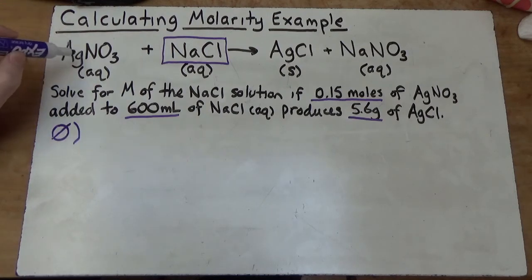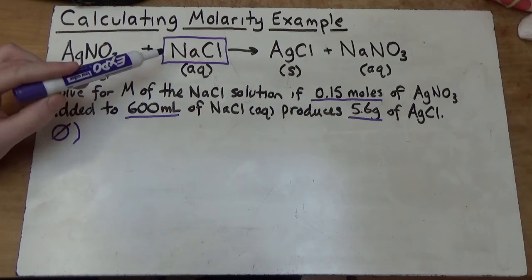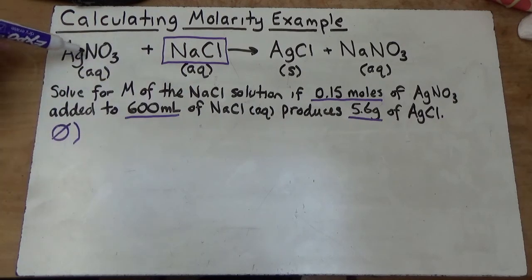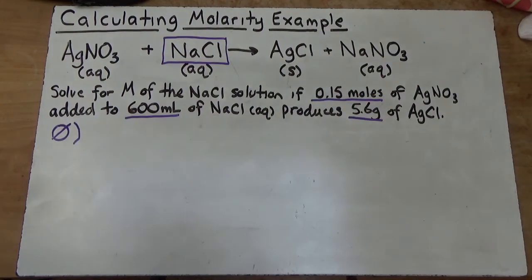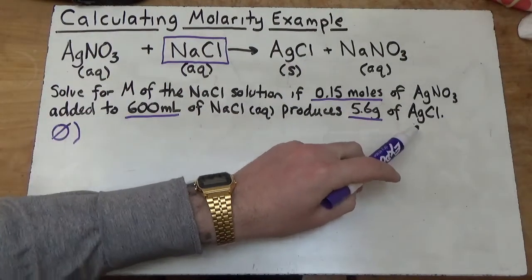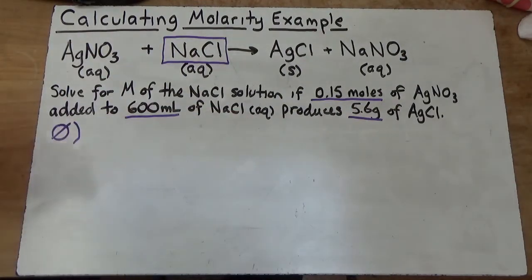Because if AgNO3 was the limiting reactant, then we don't actually know how much salt there is because we haven't removed all of it. But if AgNO3 is in excess, if we can be sure that we have removed all of the salt, then we can calculate its molarity. So let's confirm this. And how we do it is to check how much AgCl could we theoretically create.